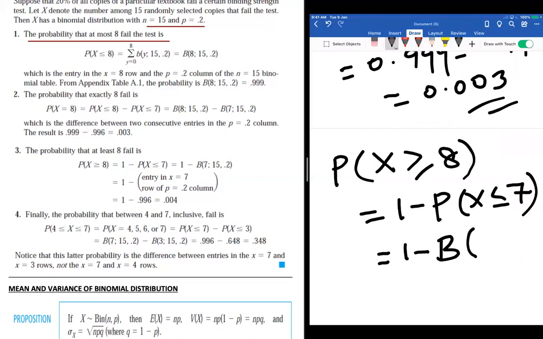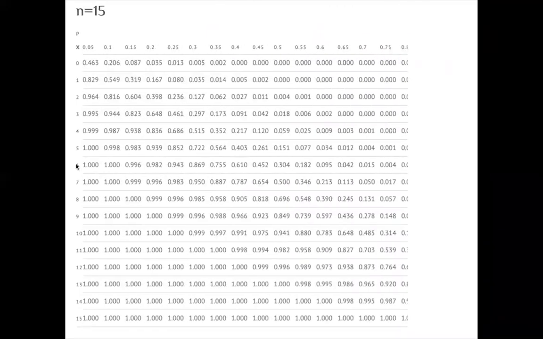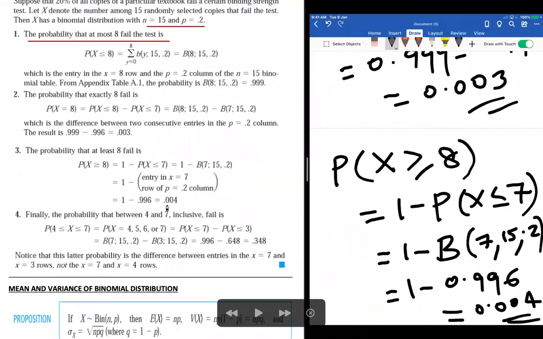So with x equal to 7, n equal to 15, p equal to 0.2, it is 1 minus capital B of 7, 15, 0.2, which is 1 minus 0.996. So the final value is 0.004.